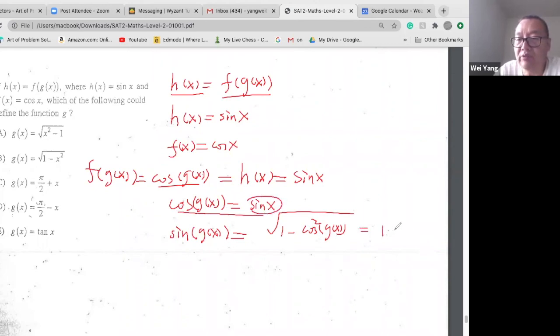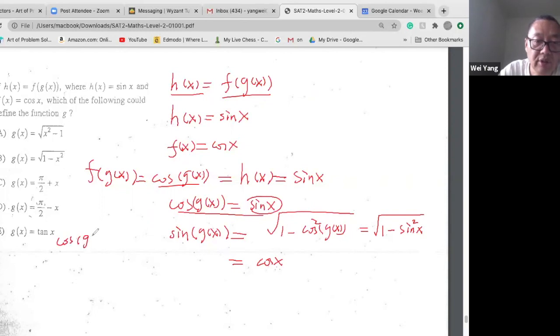So plug this in, using sin x to represent it: the square root of 1 minus sin x squared. Then you simplify, and you get cosine x. So finally, we got two equations. One is cosine gx equals sin x. Another is sin gx equals cosine x, right?